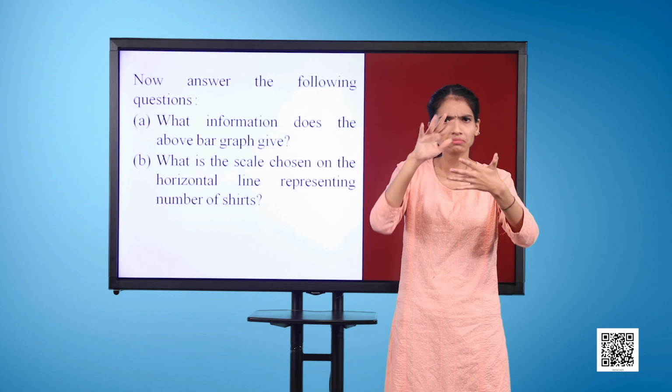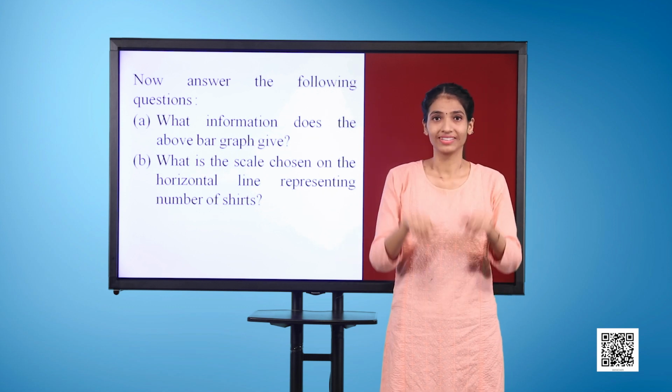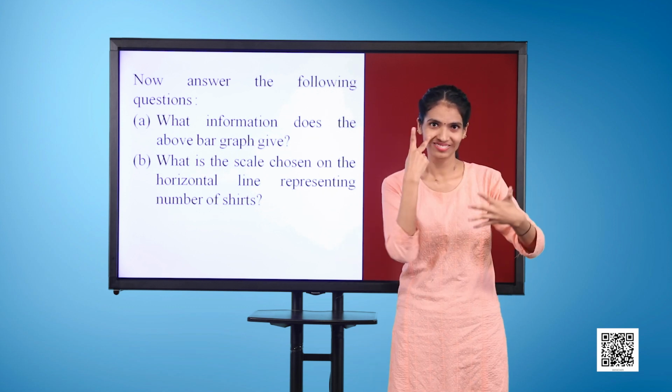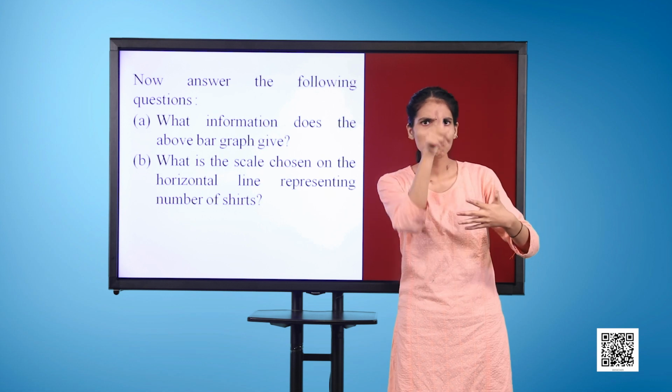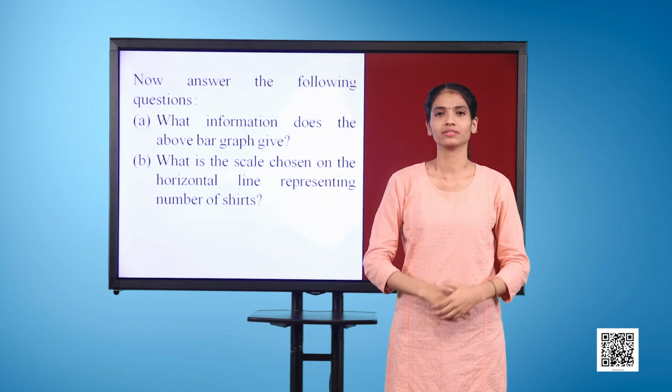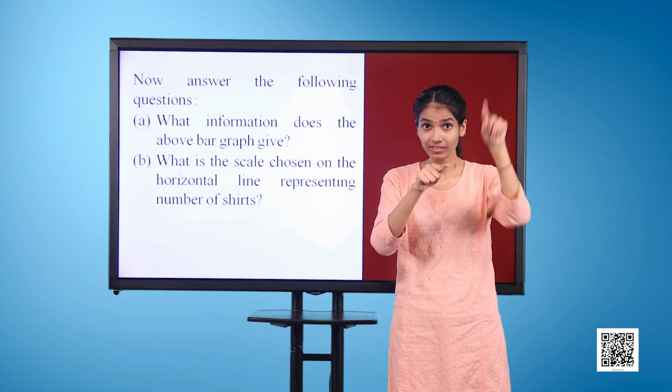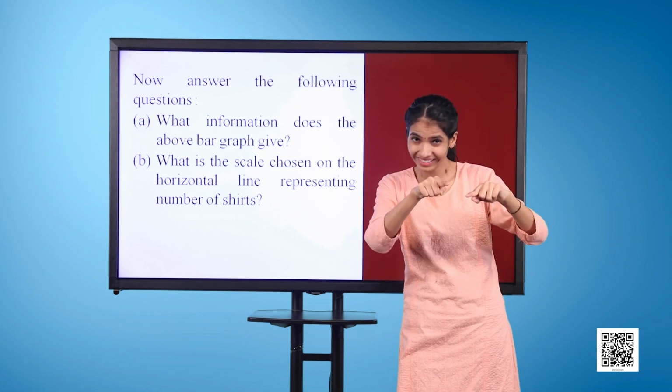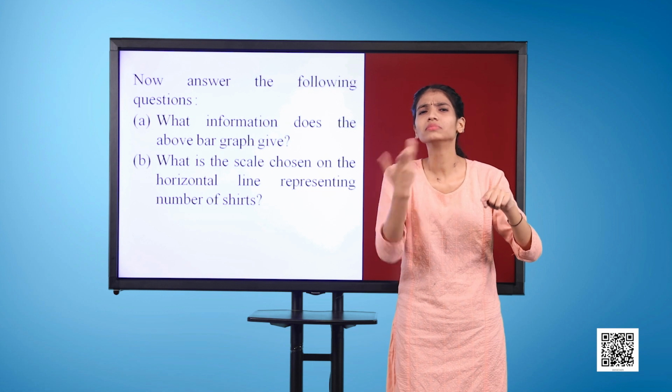Now, answer the following questions. A. What information does the above bar graph give? B. What is the scale chosen on the horizontal line representing number of shirts?